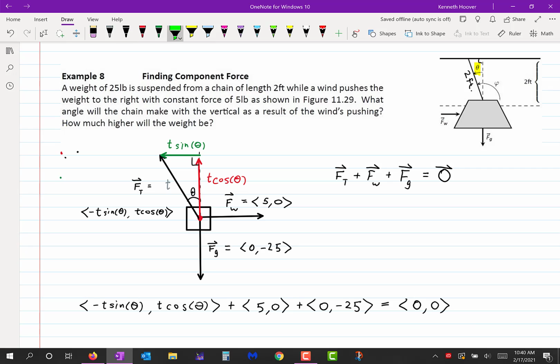So that gives us two equations. These three components add up to 0, and these three components add up to 0.